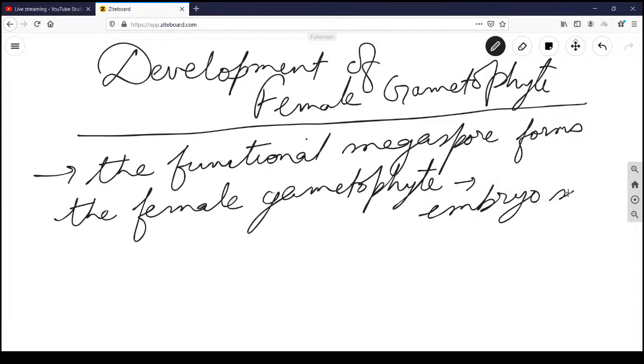Embryo sac here. There it was pollen grain, here it is embryo sac. So the nucleus of the megaspore will now start mitotic division.